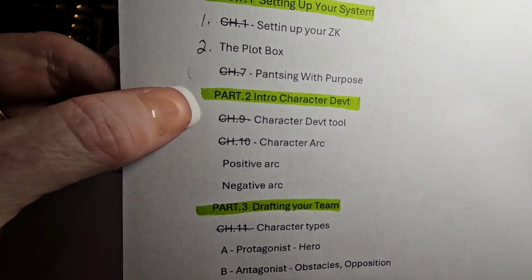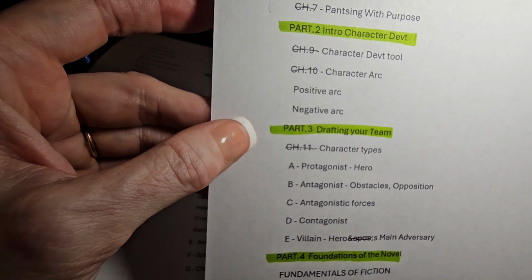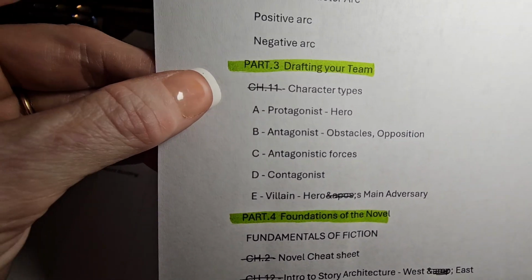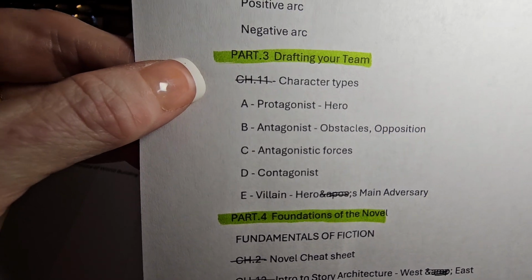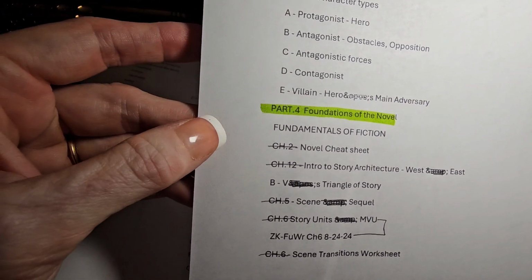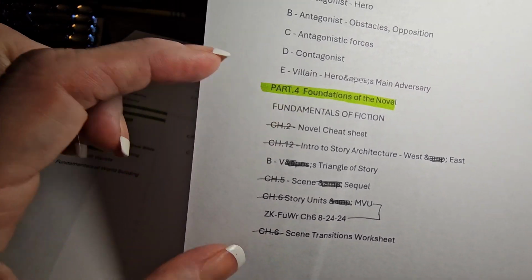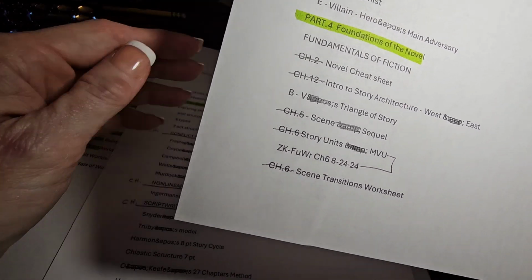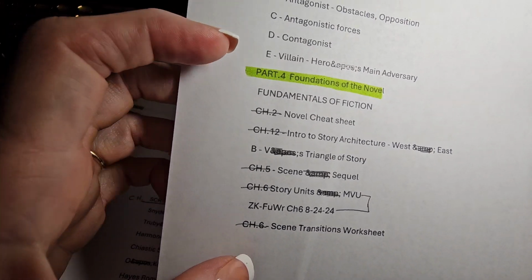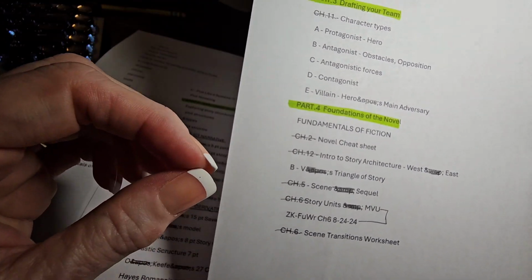Then I've got part 2, which is an introduction to character development, where we talk specifically about that. I've got part 3, which is drafting your team. That's where I go deep into each kind of character and discuss those character types. Part 4, foundations of the novel. This has been completely reordered because now you've got just the actual parts of the novel and the fundamentals of fiction.